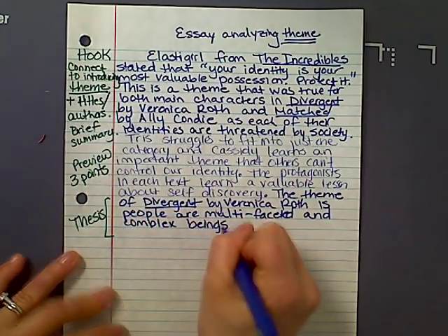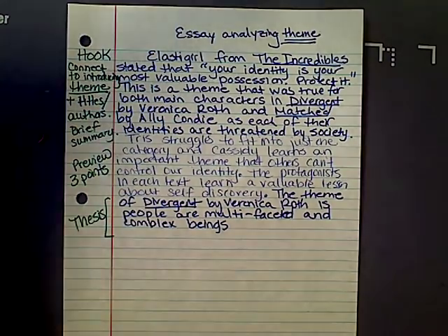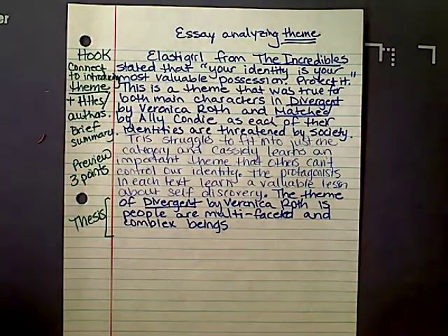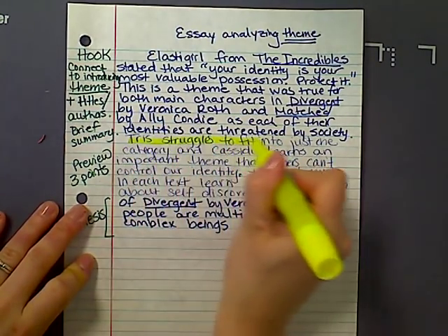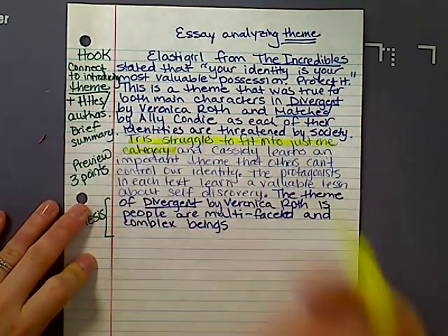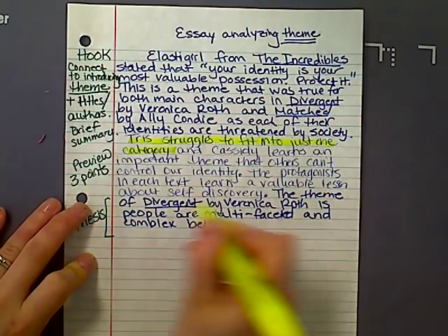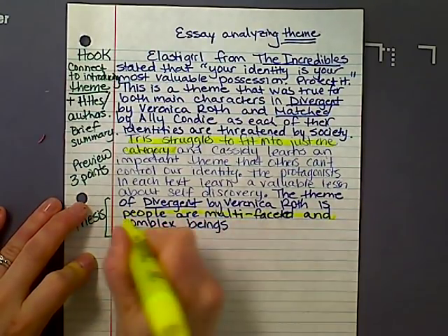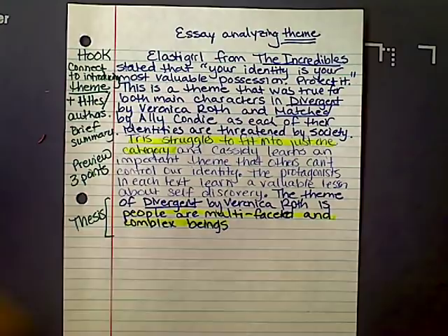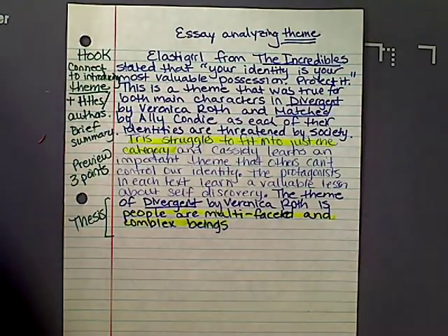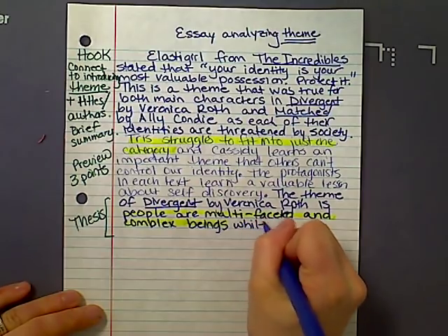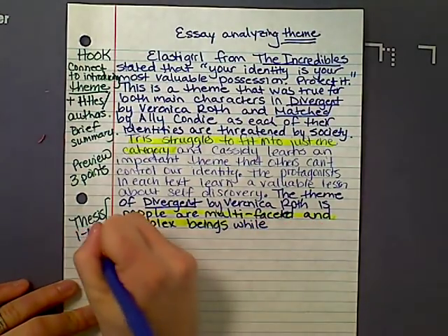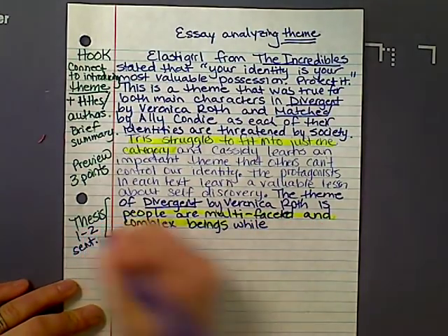So that was my first point, and I'm just going to pause really quick. Remember the first time I talked about my first point? Right here. Trish struggles to fit into just one category. So now I'm saying that theme here. That's my first point. And I'm going to go on to my second. I'm going to show contrast, so I'll say while, because my thesis has to be 1 to 2 sentences.